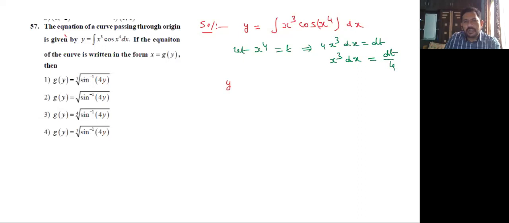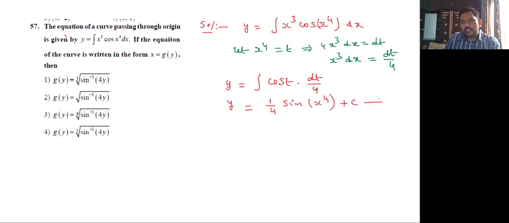Now y is equal to integration cos t into dt by 4. Now y is equal to 1 by 4 integration cos t, which is sin t, and t means x power 4, plus c.